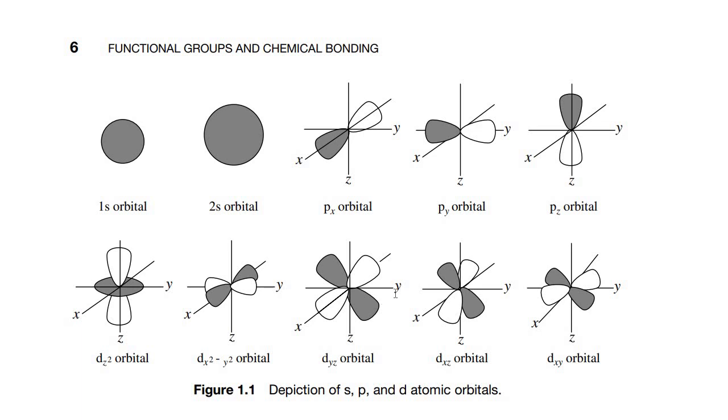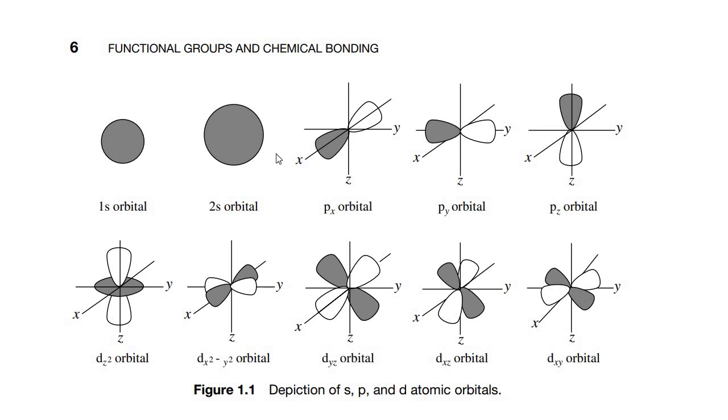You can see the y and z. Here dxz: d is the orbital, a double dumbbell, and xz. And this is dxy, you can see.